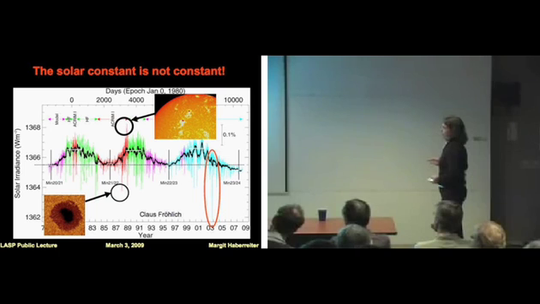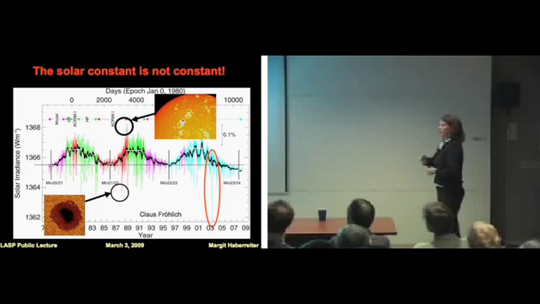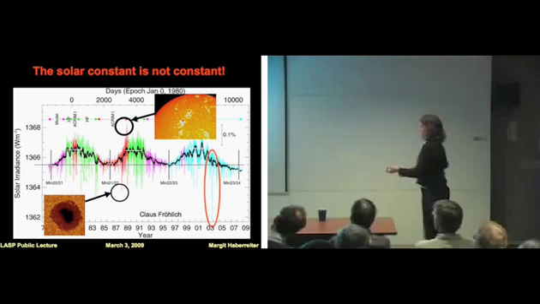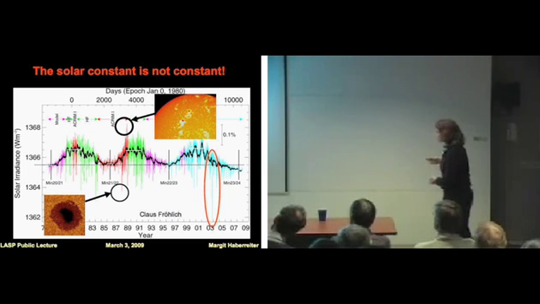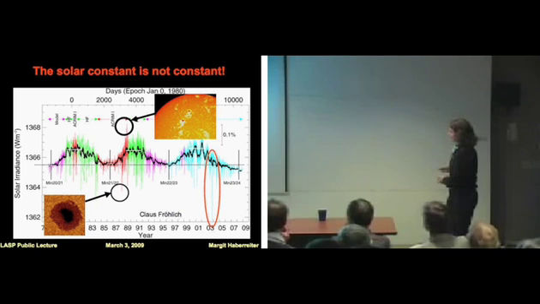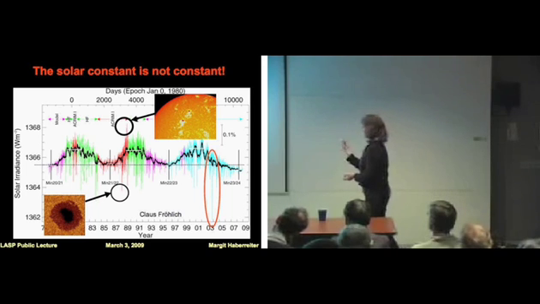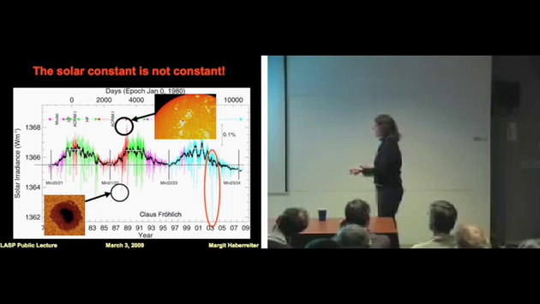And if we have, for example, a lot of plage regions on the sun, it might go to higher values. I'm not sure whether you can see this big dip here in 2003. This was a time when there was a really big sunspot passing on the line of sight.